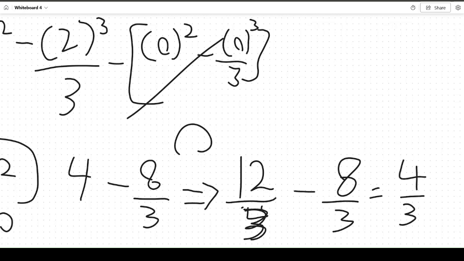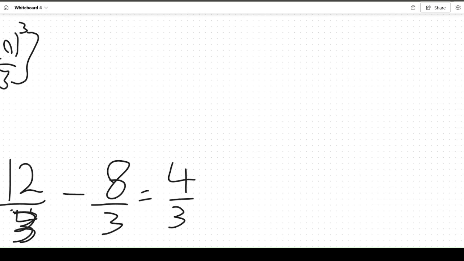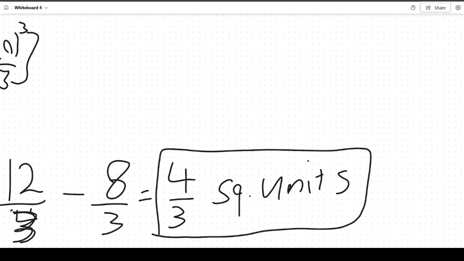Final answer will be 4 over 3 square units, because we're finding the area, so we have to put square units.